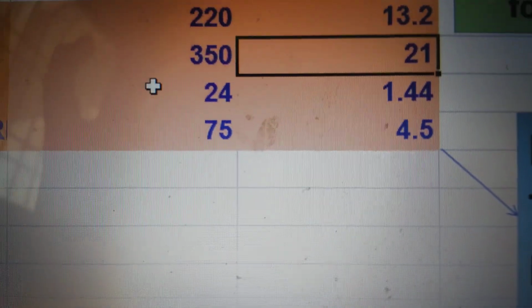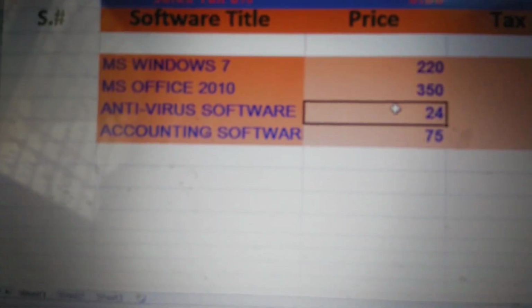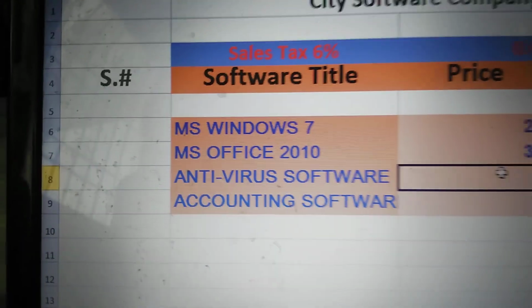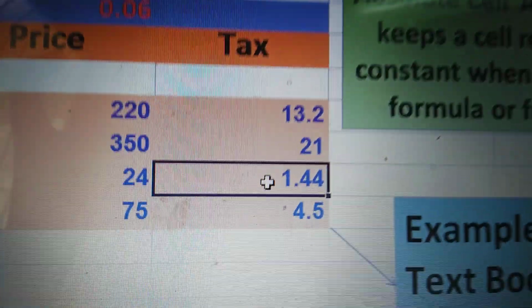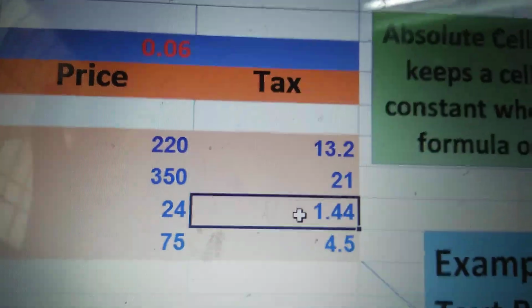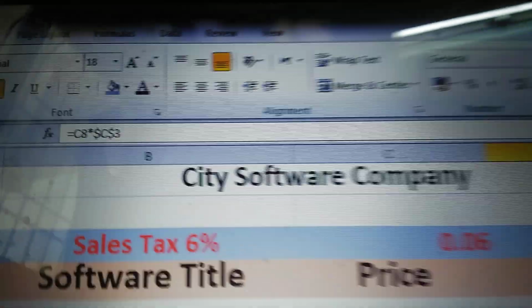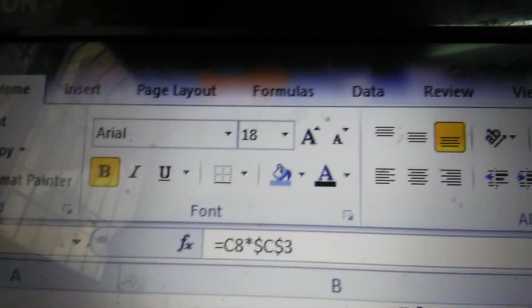Then we have row C8, that is the antivirus software title, and over here its price is 24. Now over here also the reference of the cell containing a price will change. Let's see what change it gives. It will give us a change to C8 and the tax cell will remain the same, that is $C$3.